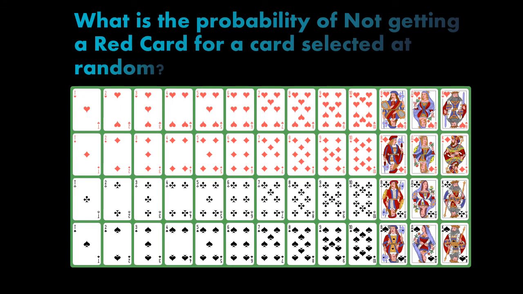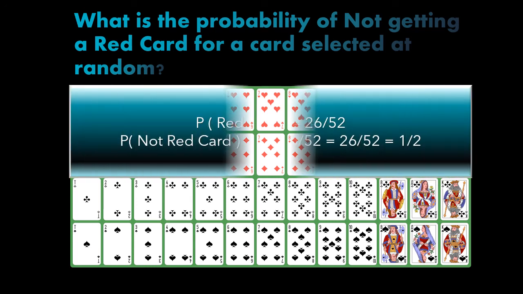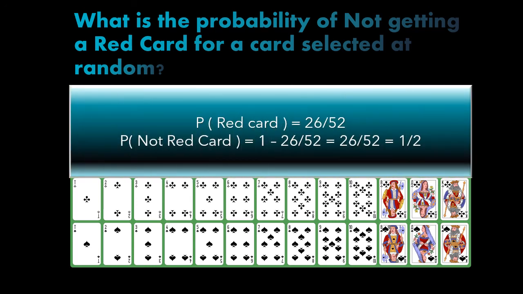What's the probability of not getting a red card for a card selected at random? The probability of getting a red card is 26 out of 52. The probability of not getting a red card is going to be 1 minus the probability of the event, which is 26 out of 52, which is the same as half.